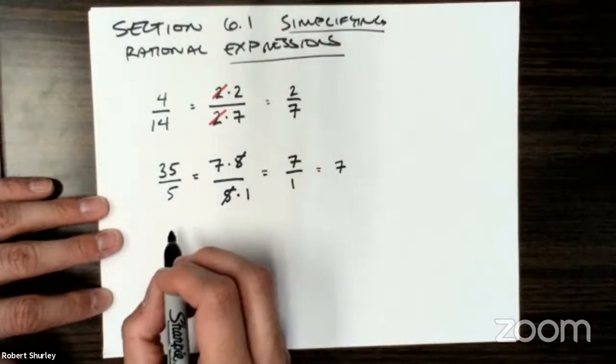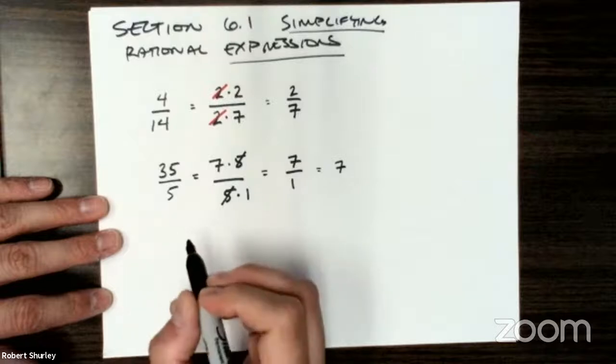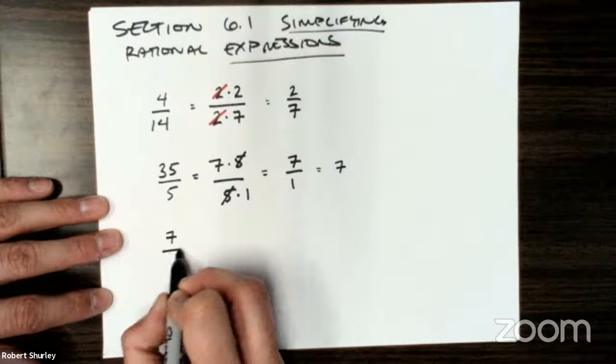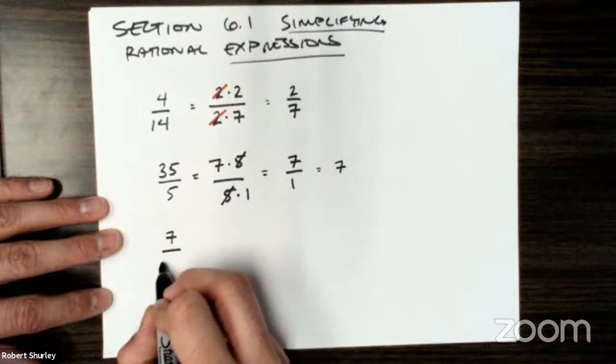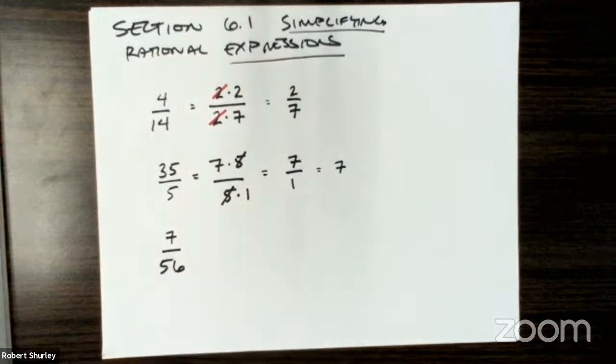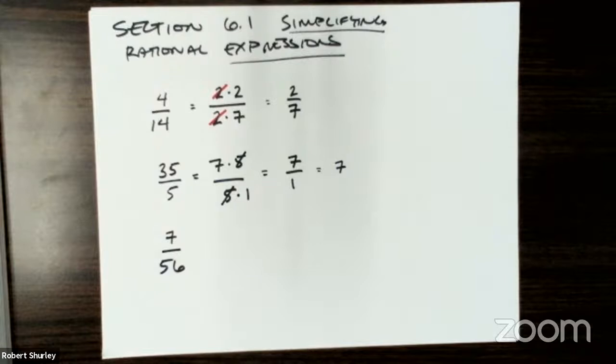Let's say we had 7 over 56. Well, 56 factors, right? And let's see here. 56 is divisible by 2.